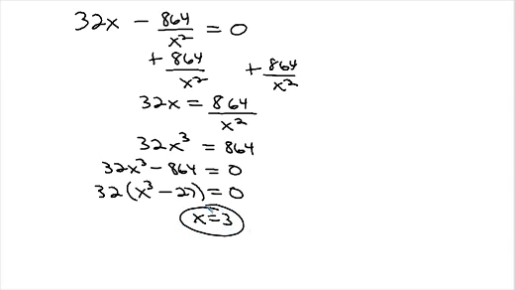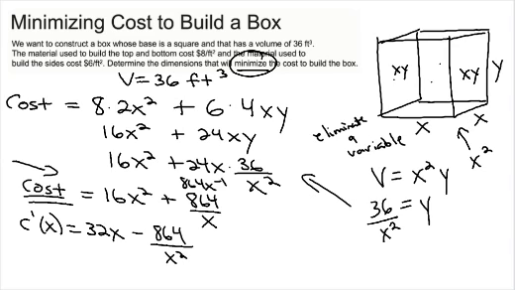So you can do a candidates test at this point. This is some type of critical point on this function. And what are my possibilities for this box?